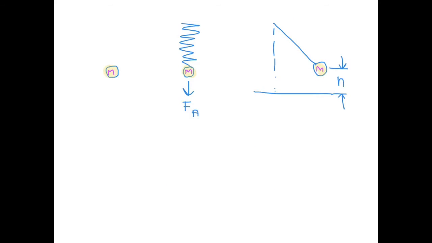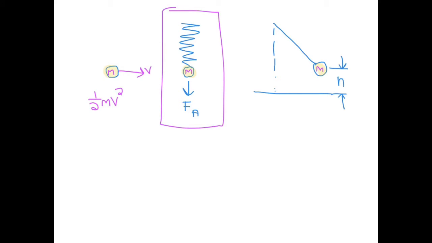Now I'd like to talk about some things that will be on the worksheet along with this lesson. If you have a mass that's just out in the vacuum of space, and let's say it has velocity, then it can have kinetic energy, which is 1/2 mv squared, but that's all it can have unless it's part of a system.